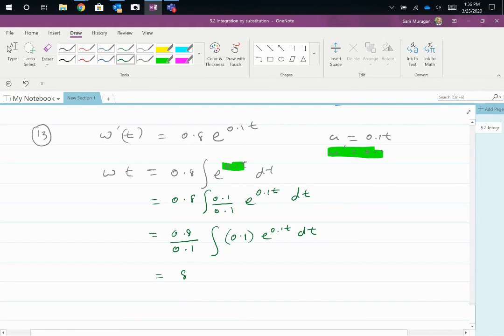So this is 0.8 divided by 0.1, which is exactly 8. And here we've now manufactured u prime, and this is e to the power u. So using the rule for integration, the integral here is e to the power 0.1 t plus the constant.